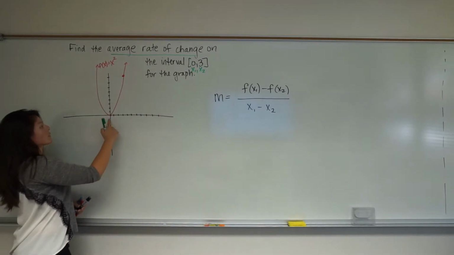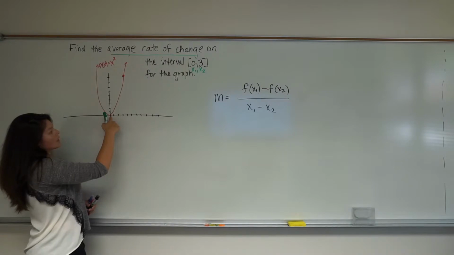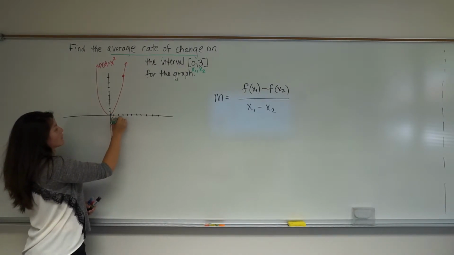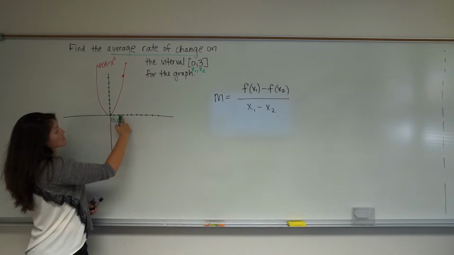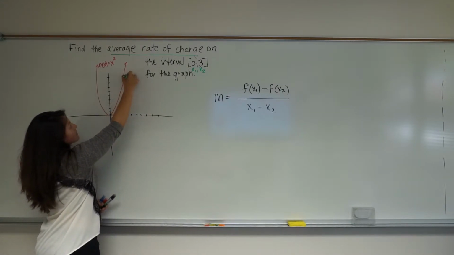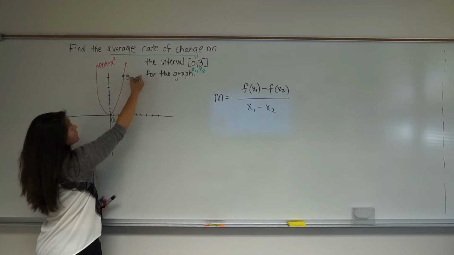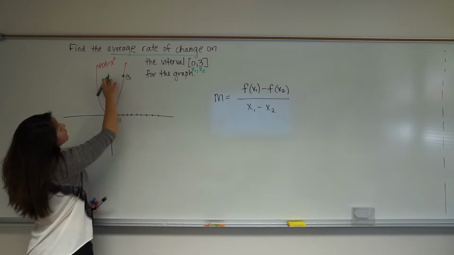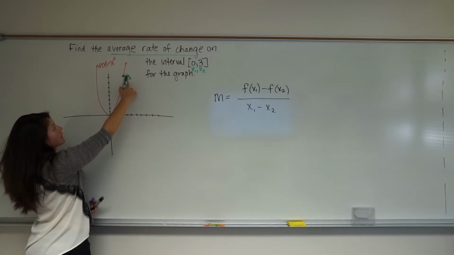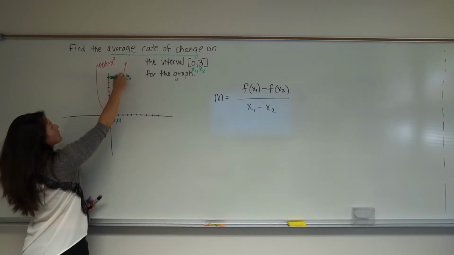Okay, so if I look at my graph, at 0, I have a point on the graph here at 0, 0. And at x equals 3, I have a point on the graph at 3, comma, whatever this output value is for this input value. But how do I figure out what that output value is?